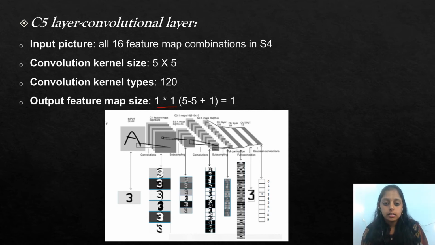So here is a pictorial representation. As I said, this architecture is used for handwritten digits. In the example, I have taken 3 as a handwritten character. A grayscale image of 3 is passed.